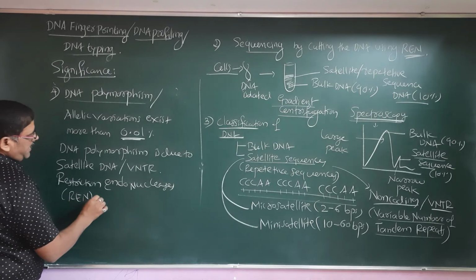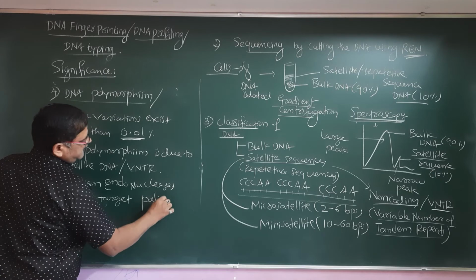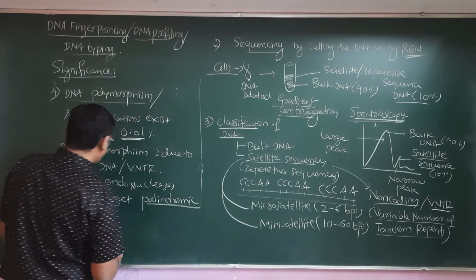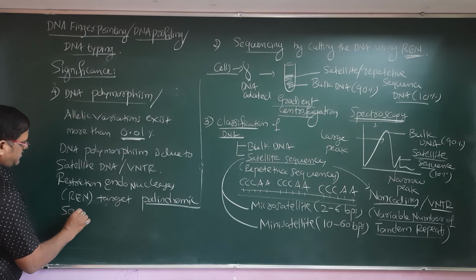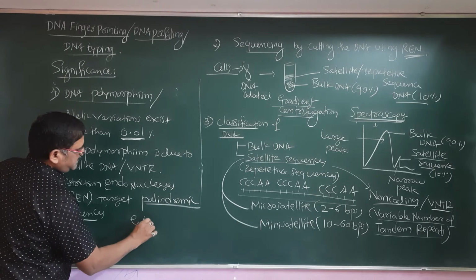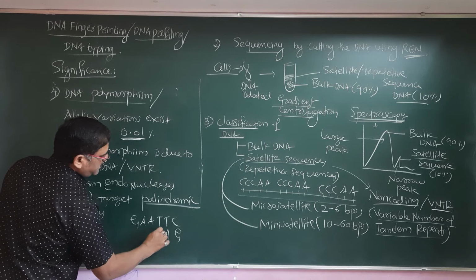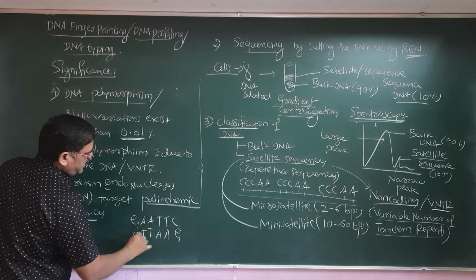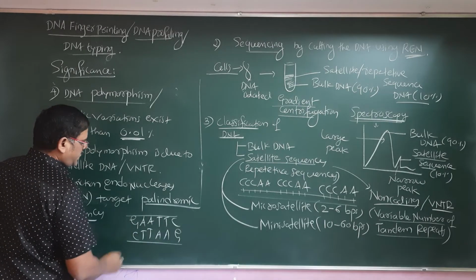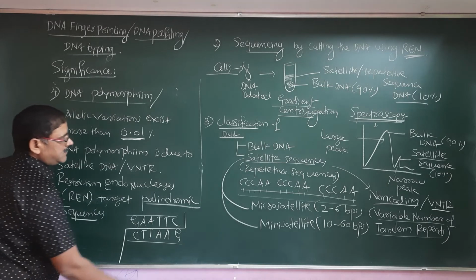REN targets palindromic sequences, a type of repetitive sequence. A simple example I will tell you: GAATTC. This is a DNA sequence where the EcoRI enzyme acts; it can cut the DNA at this point.